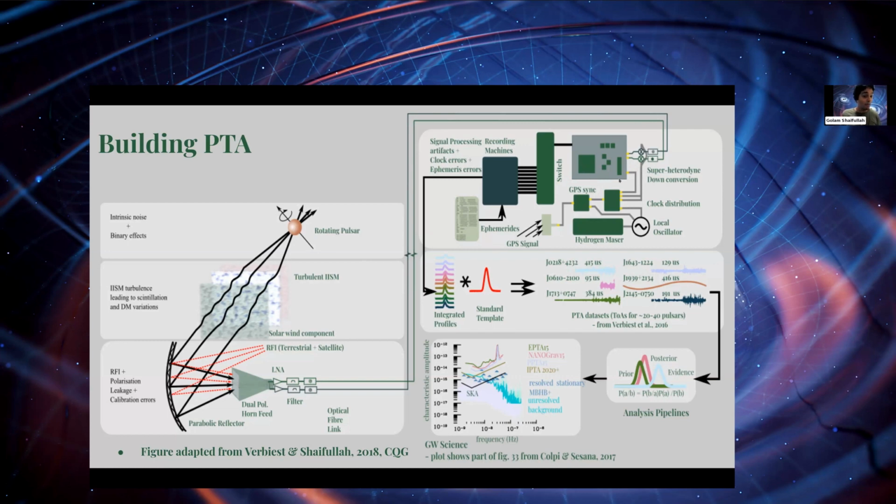But of course, at the same time, you want to record the time with an extreme degree of precision at which every group of photons arrive. And the way you do that is you plug in this very expensive hydrogen maser, condition it with a GPS signal to improve its timing stability.